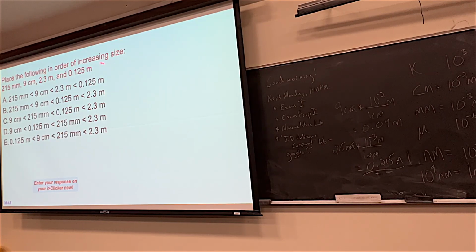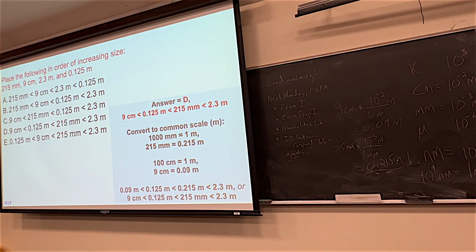And because we want them in increasing size, 0.09 meters or 9 centimeters would be first. And then 215 millimeters, 0.215 meters, that's bigger than 0.125. And of course, 2.3 meters is bigger than all of them. So answer D here would be the right way to do it.